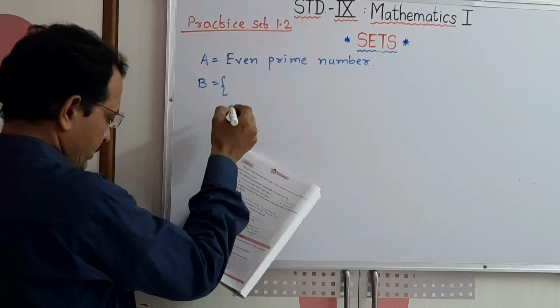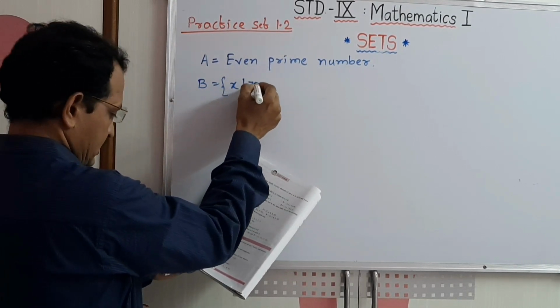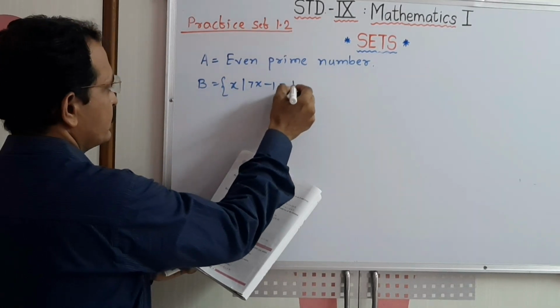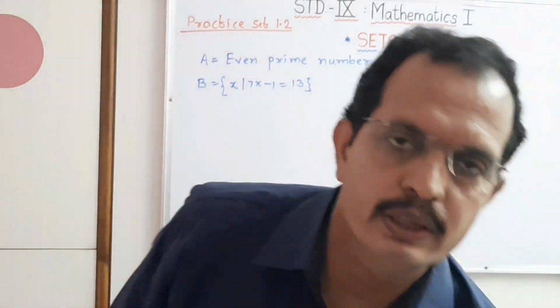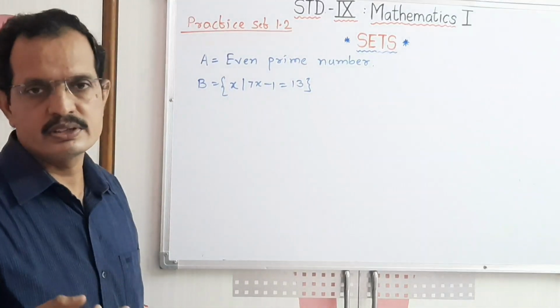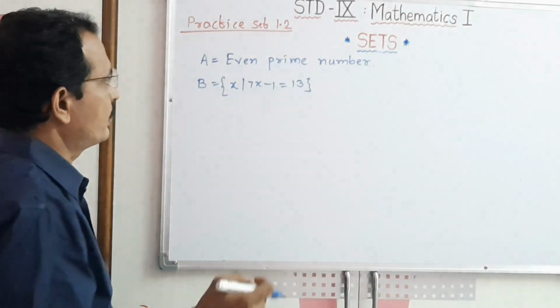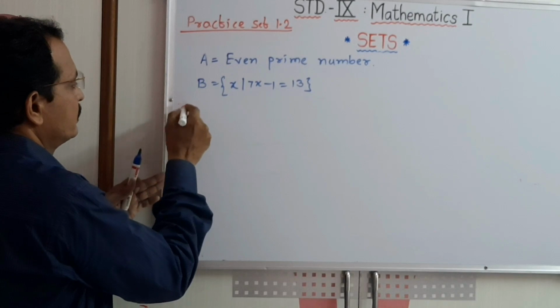Set B is given, that is B is a set of x such that 7x minus 1 is equal to 13. Now, as we saw in the first sum, we have to write the given set in a list method. Therefore, see the set A, we have to write it in a list method.